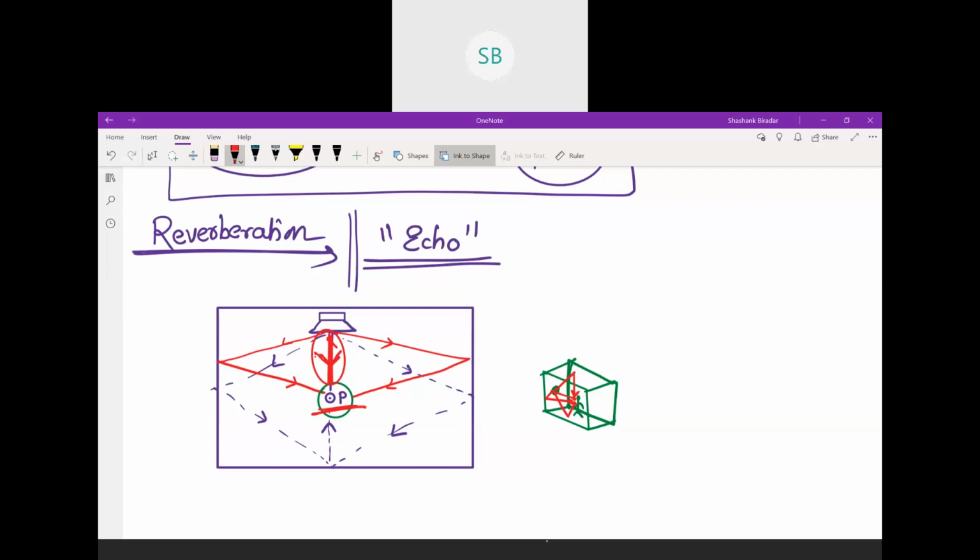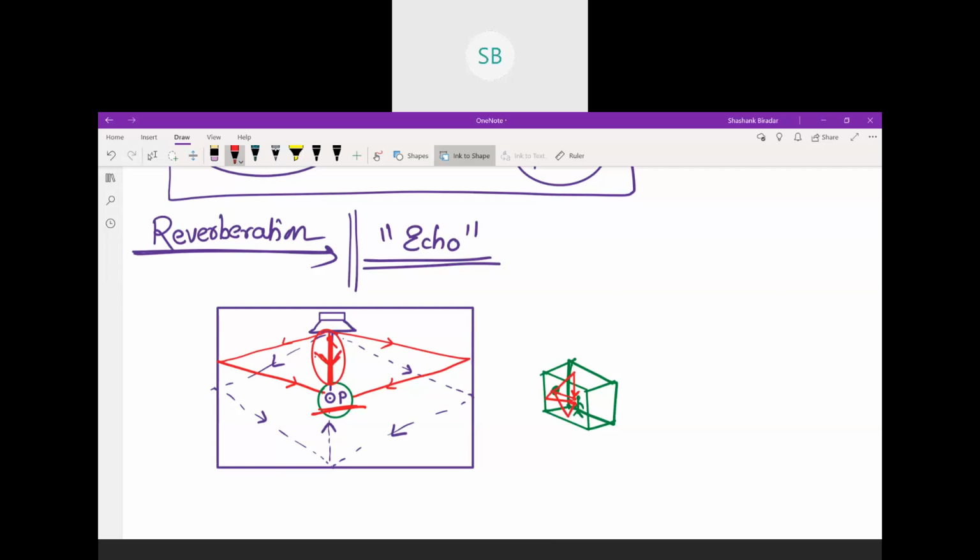The sound will continue to persist means you can get the feel of a sound in spite of the source not producing it. The sound will fade away gradually, because it is coming from multiple reflections, from the wall, the ceiling, the floor, depending upon the size of the room.